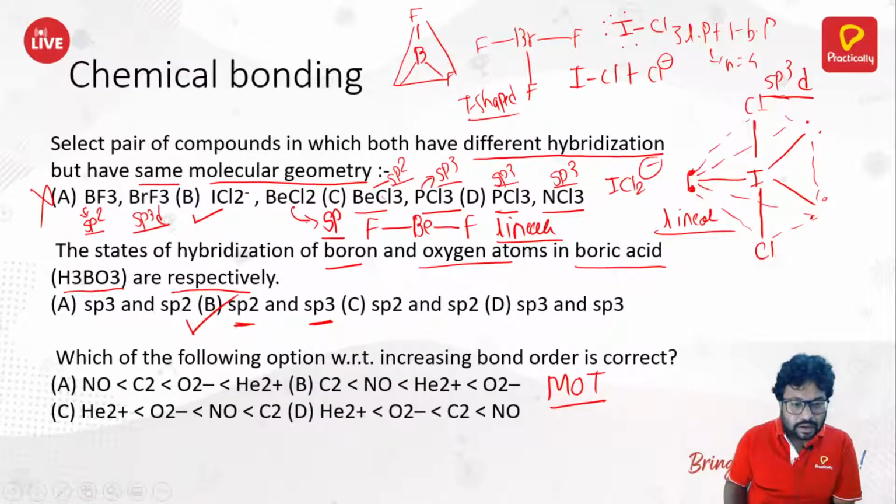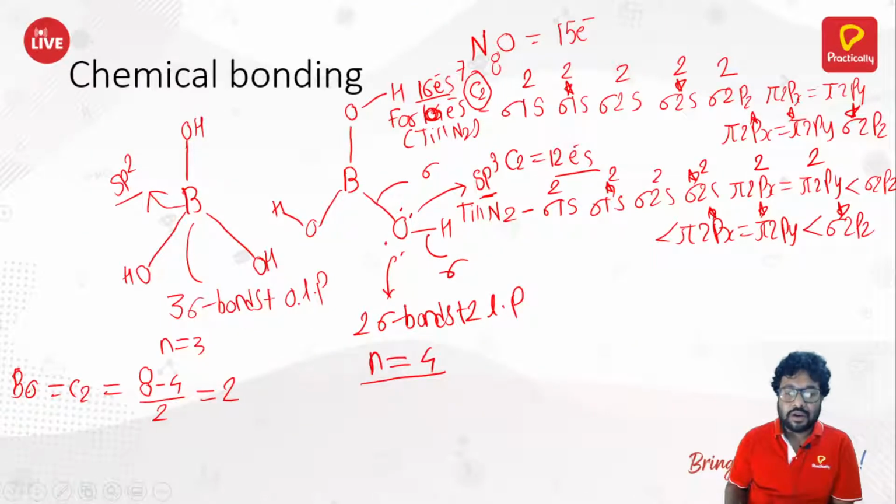Then what is another? O2 1 minus, right? In O2 1 minus, each oxygen has 8 electrons. So 2 oxygens will have 16 and O2 1 minus will have 17 electrons. So how can you distribute 17 electrons? See here, let me write it here.